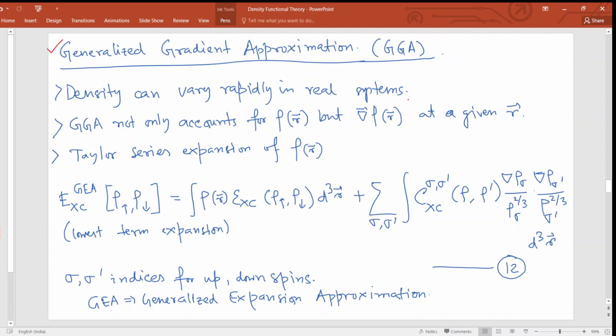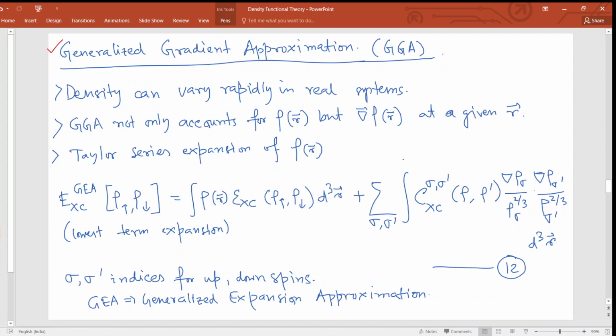So earlier we have seen, or we have assumed, that the density is homogeneous and uniform, or let's say very slowly varying in space.